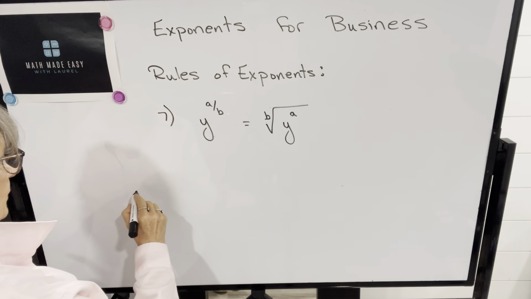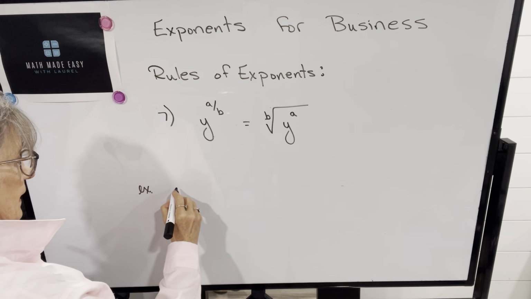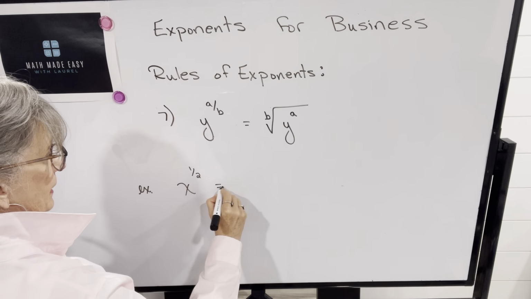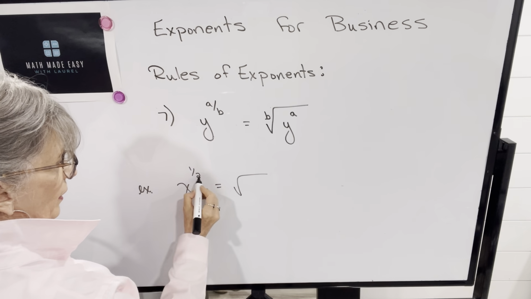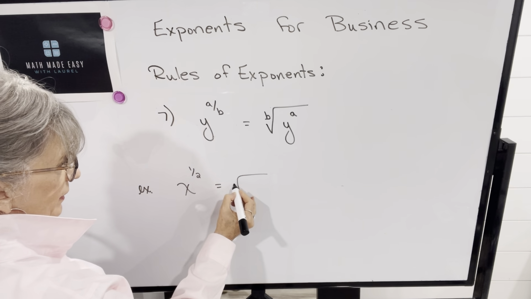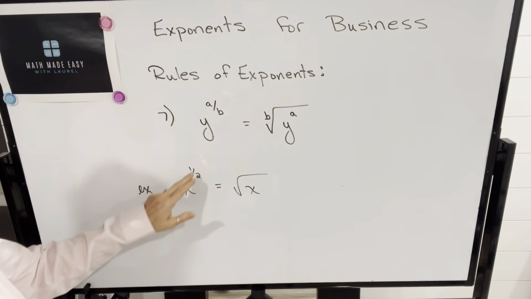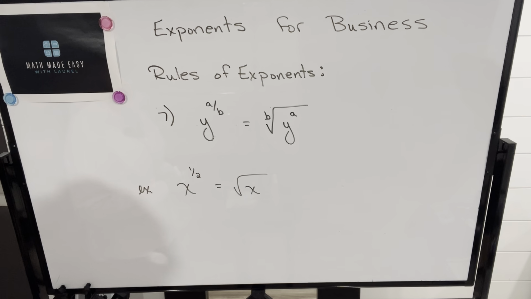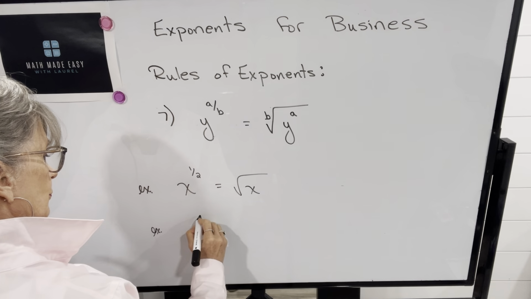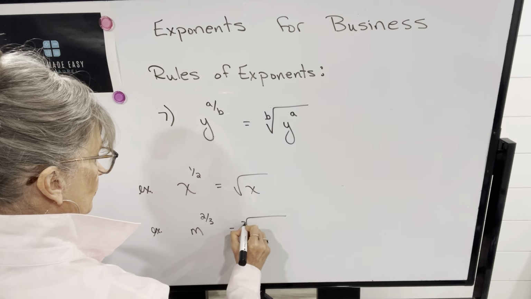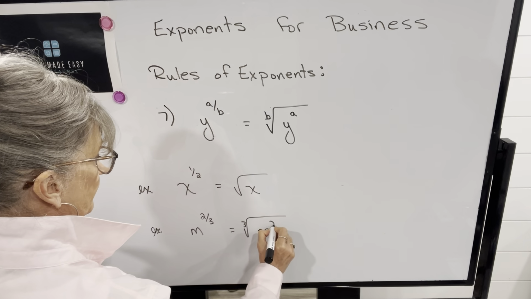So for example, if I had x to the 1/2, that means the square root of x to the 1, and when we write square root we don't have to put the 2 in there. So x to the 1/2 would be square root of x. If I had m to the 2/3, that means it's cubed root of m squared.